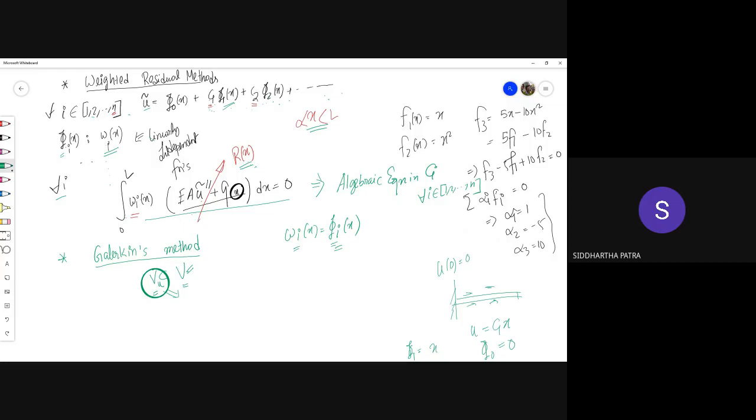Therefore, I'm making phi 0 equals 0, and phi 1 is x. And let's say there is a non-zero uniformly distributed load, which basically means if you were to do an exact solution, you were supposed to get a quadratic curve. But obviously, through this, you will get an approximate solution.